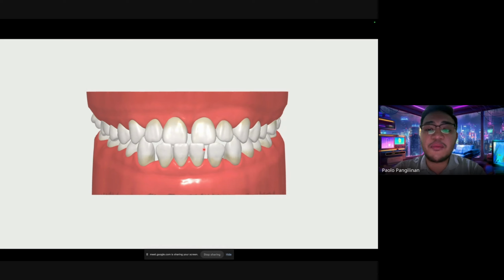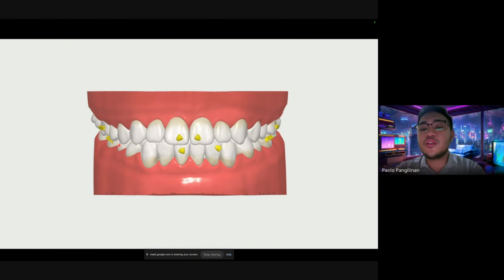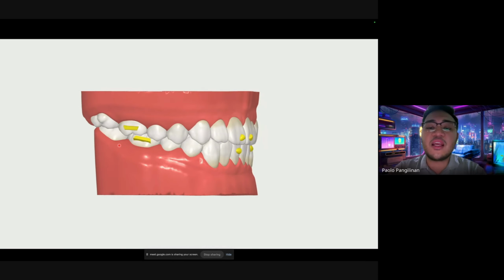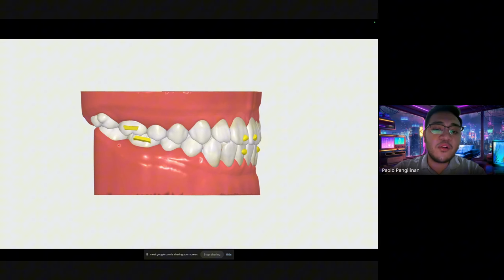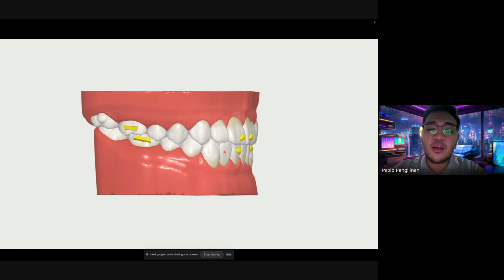That's why in this simulation, what you're seeing is there are attachments involved so that it can develop the help on my anchorage. So basically what you're seeing here is just an alignment, all the principles going in together. So there is programming involved here where we move the teeth one by one, okay?